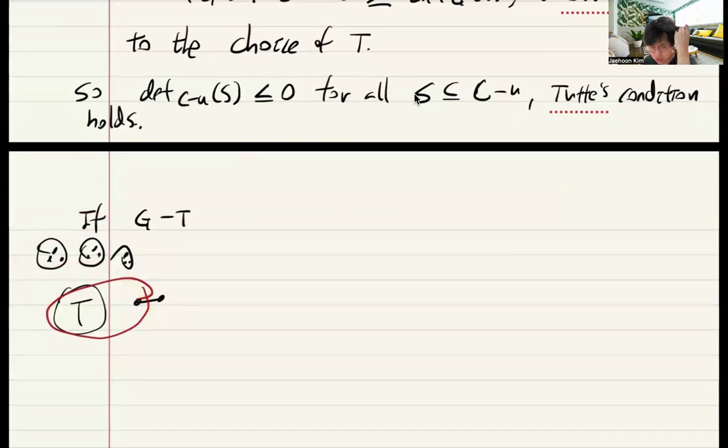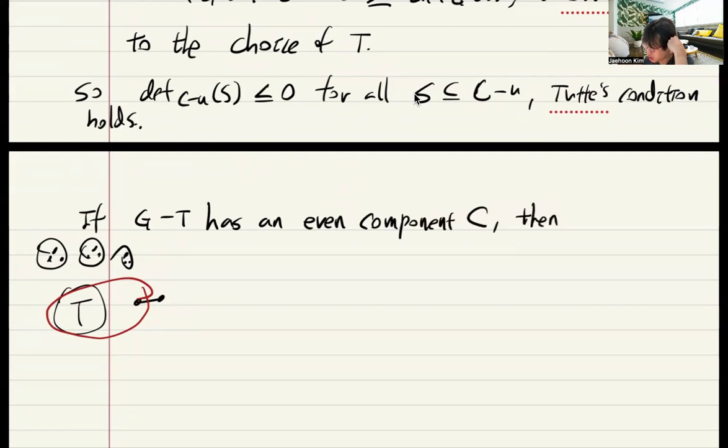So if G minus T has an even component, say C, then add to T, say, any leaf of a spanning tree.